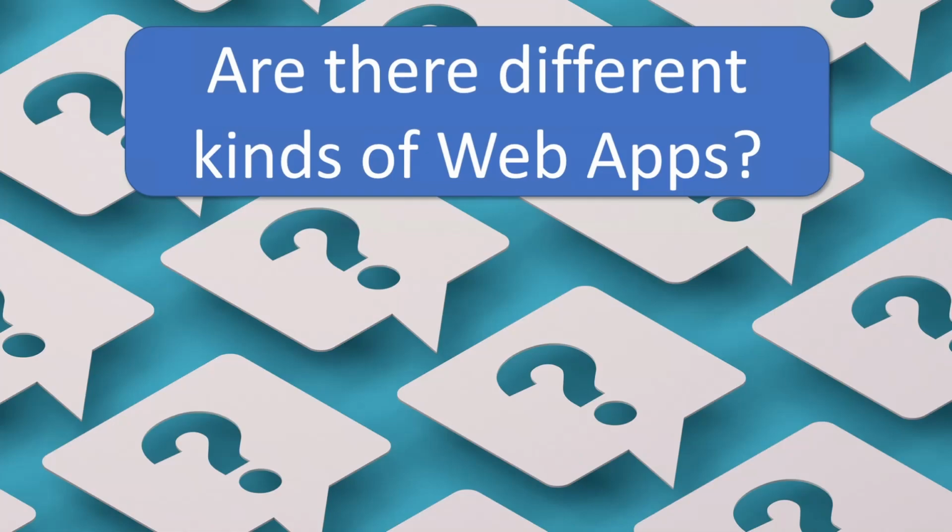Are there different kinds of web apps? When your browser requests a page from the remote web server, it could be requesting a static web page, which never changes. This index page could be the gateway to a whole series of static and dynamic pages.